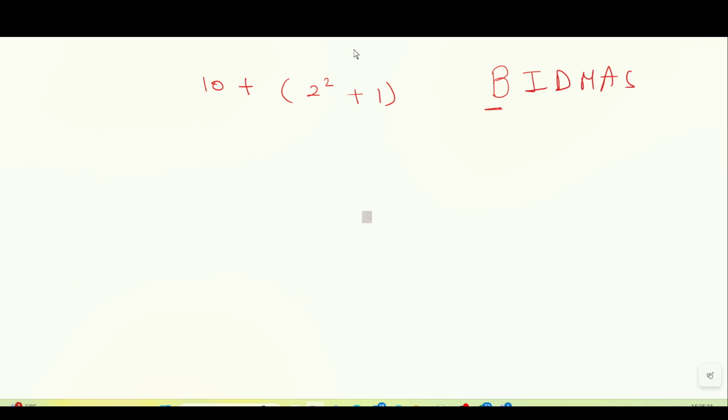B stands for bracket, I for indices, then division, multiplication, addition, and subtraction. In this order we always go. So bracket comes first. So first we solve this. This is 4 plus 1, which is 5. Then 10 plus 5 is 15. So the answer is 15. If we solve this first and then later this, we might get a wrong answer. So always follow BIDMAS for multiple operations.